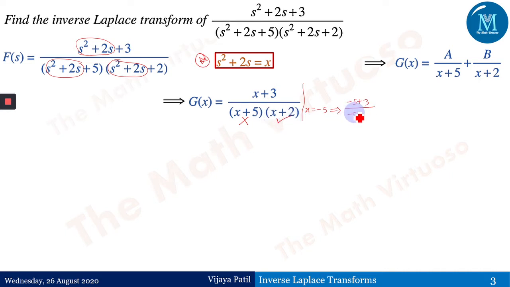So it is minus 5 plus 2, and this gives A equals 2 by 3. Similarly, to find B, x has to be minus 2, which gives minus 2 plus 3, divided by, I put it here minus 2 but I will not put it in the other factor. So it is minus 2 plus 5, and therefore B equals 1 by 3.